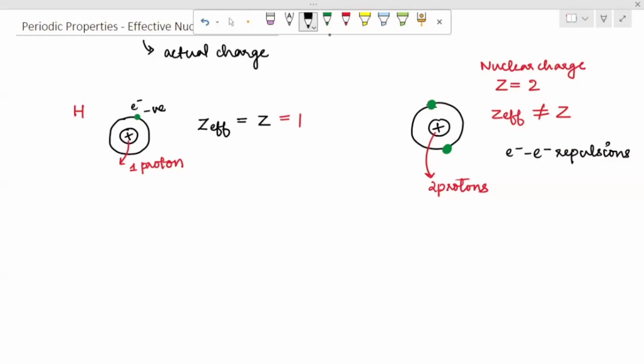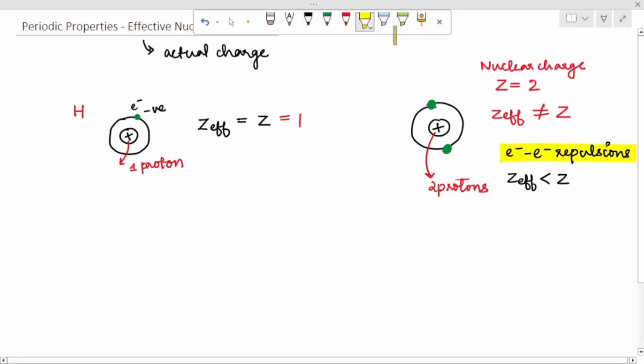So due to the electron-electron repulsions, the actual charge, Z effective, is less than the nuclear charge. How much lower is it? We'll be learning. One of the factors wherein this effective nuclear charge changes its value is the electron-electron repulsions. There are other reasons also.